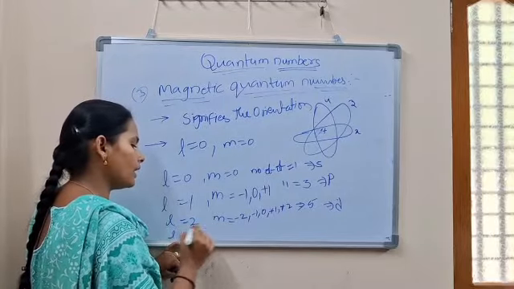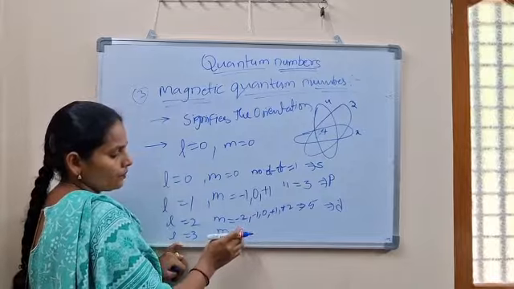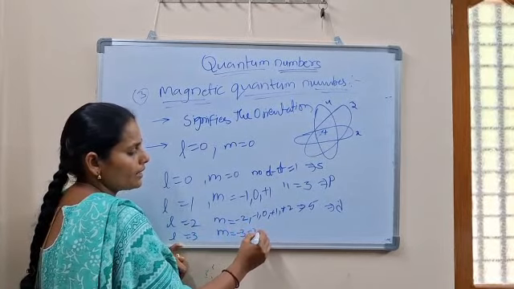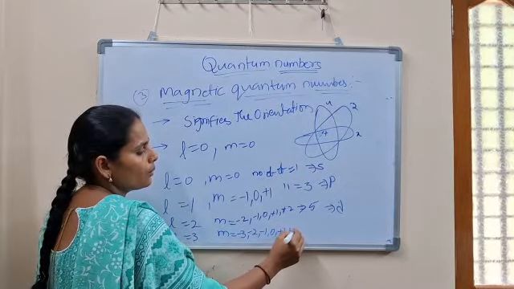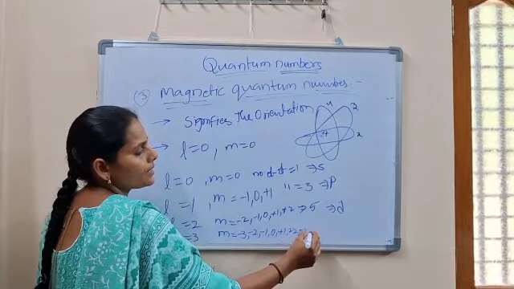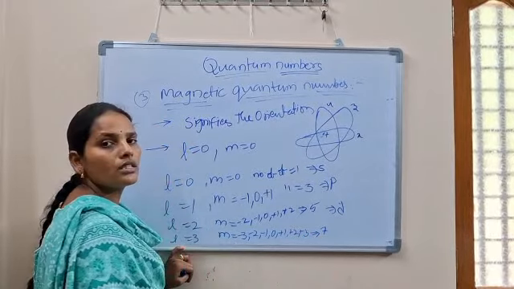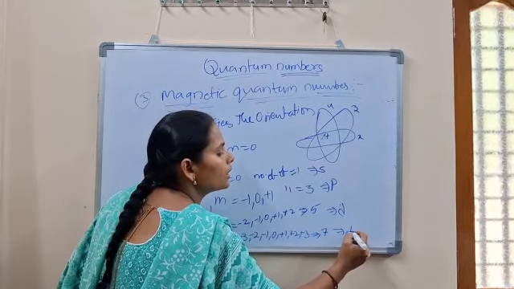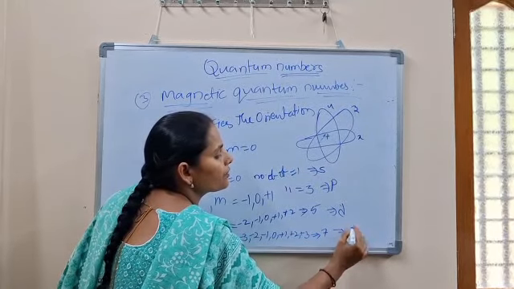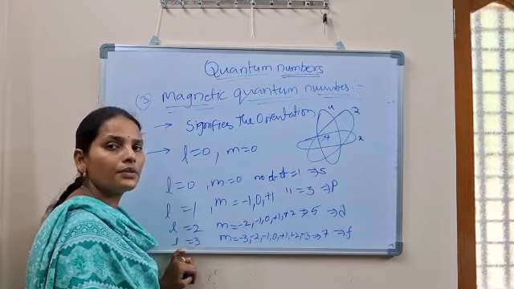Next, if l equals 3, m values are minus 3, minus 2, minus 1, 0, plus 1, plus 2 and plus 3, and the number of orbitals is 7. That subshell is called the f subshell.